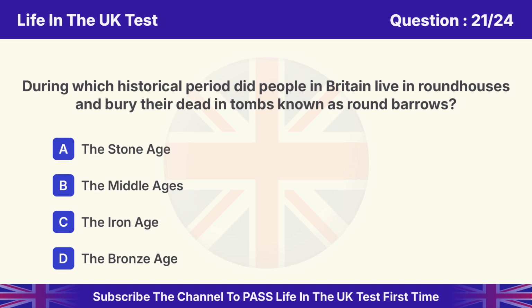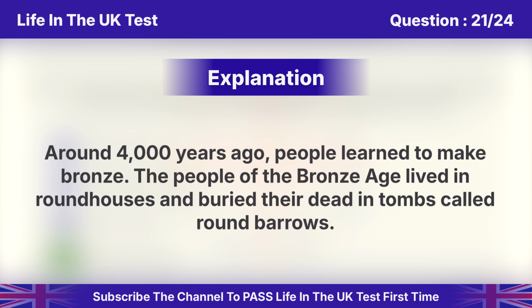D. The Bronze Age. Answer is D. The Bronze Age. Around 4,000 years ago, people learned to make bronze. The people of the Bronze Age lived in roundhouses and buried their dead in tombs called round barrows.